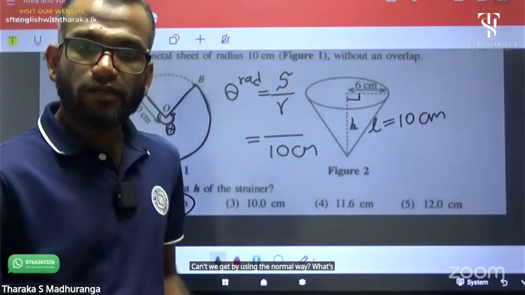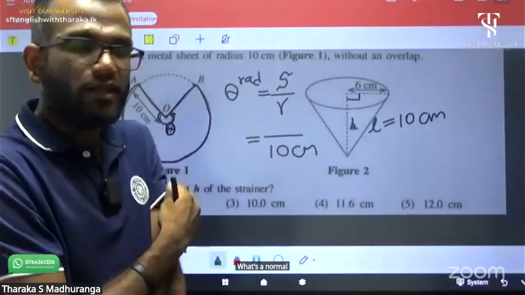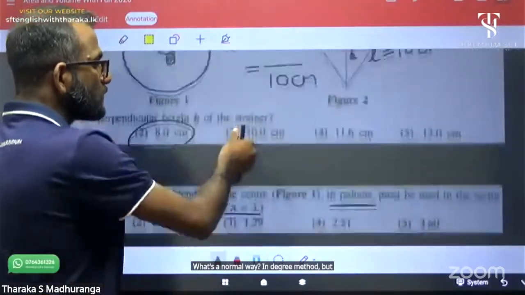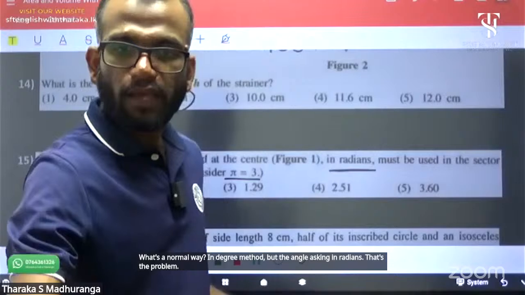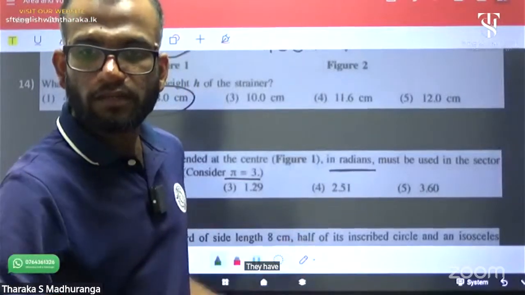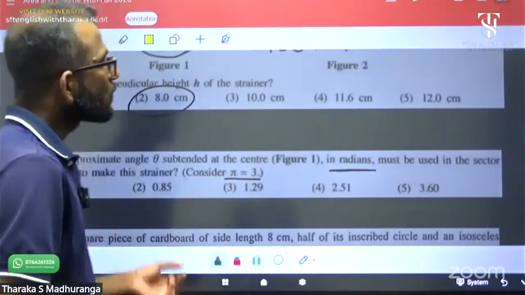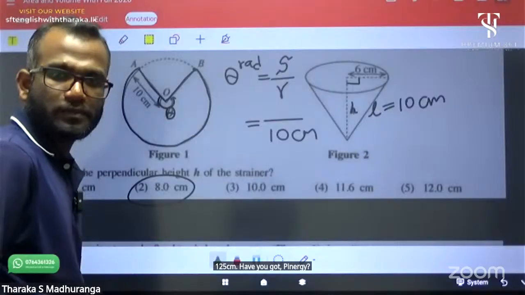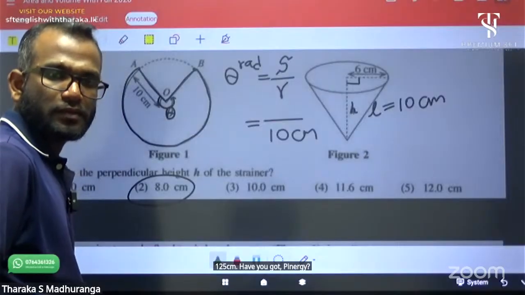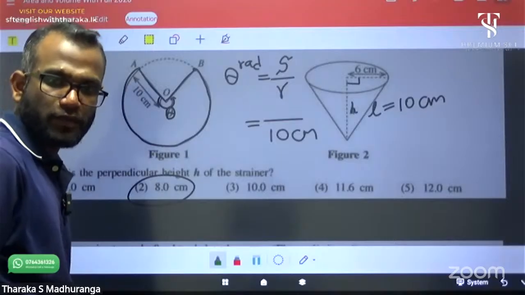What's a normal way, Shiva? In degree method, but the angle is asked in radians. That's the problem. They have specially mentioned 12.5 centimeter. How did you get that, Vinuji? Arc length 12, how did you get it?